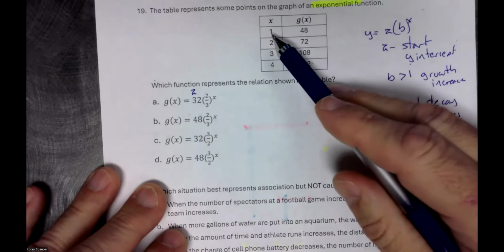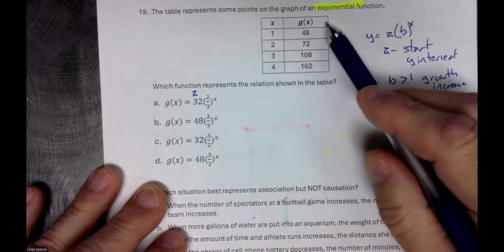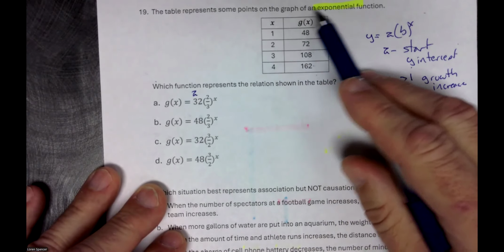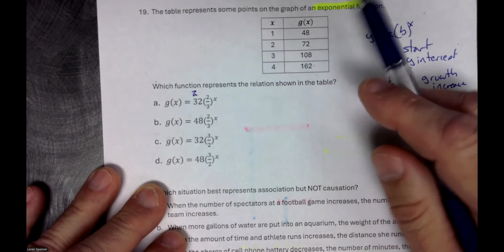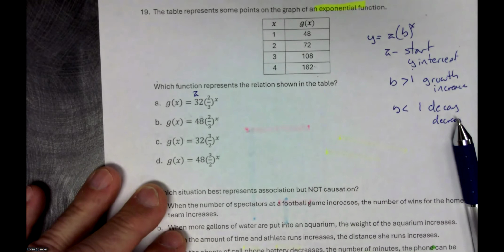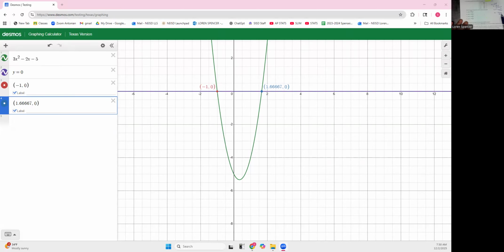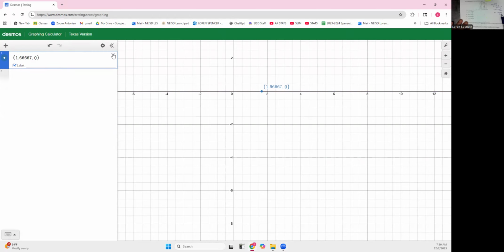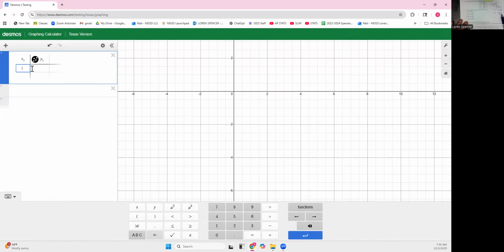Okay, so let's go ahead and enter this data into a table by going to Desmos, and we're going to select exponential. So we're going to share this, and I'm going to enter that table. Make sure you enter the entire table. And we hit the plus button, select table, and we have 1, 2, 3, 4.